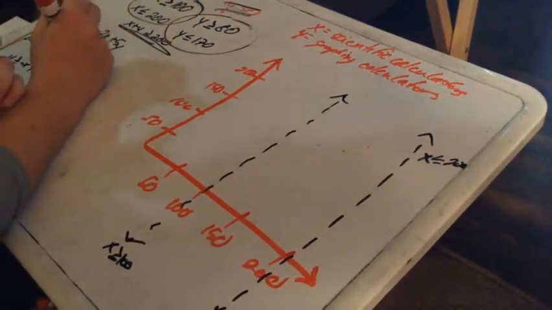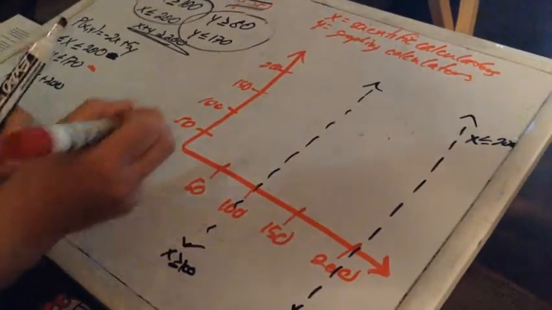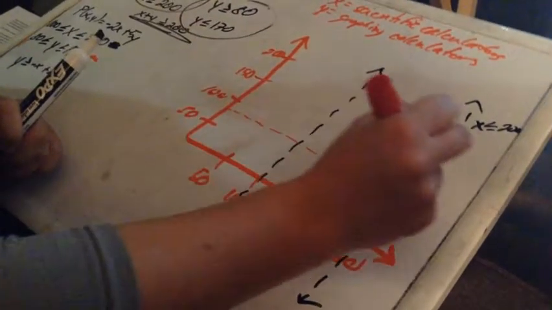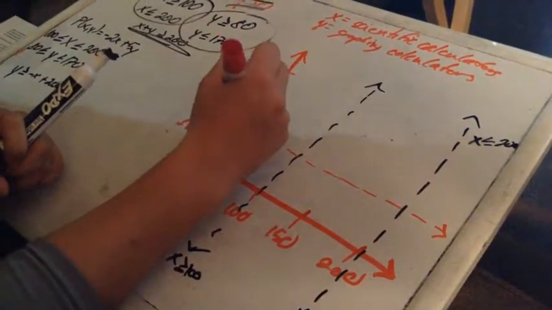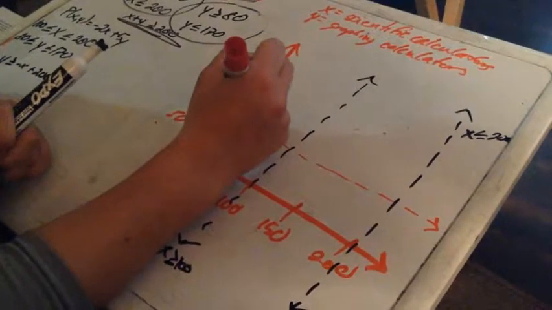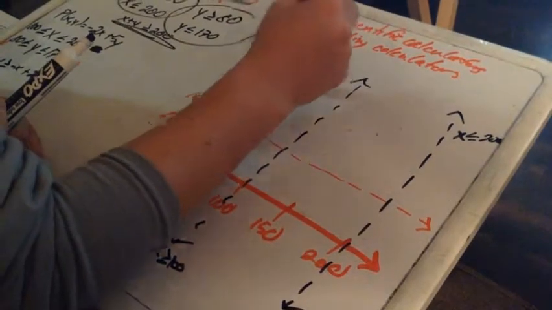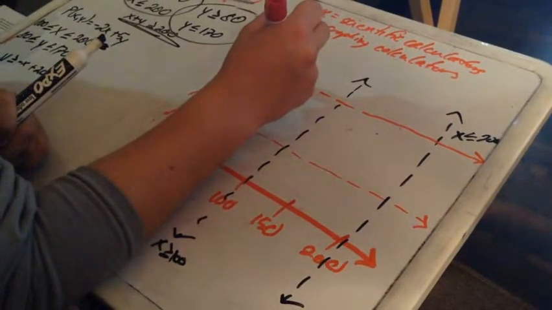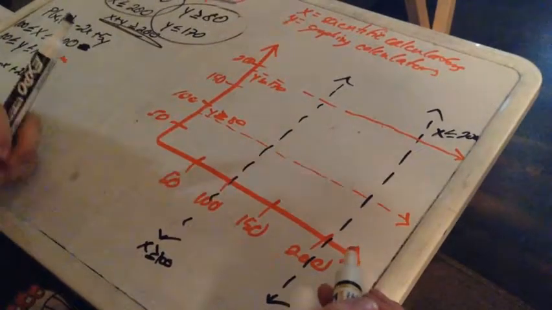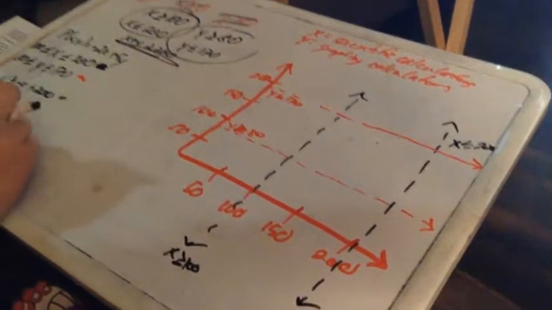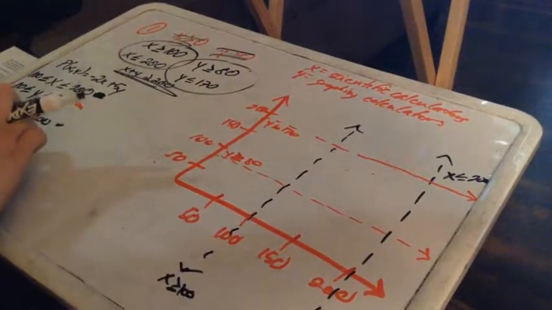Now I'm going to graph my y values, which is y is greater than 80 and y is less than 170. So now we got to graph our last equation of y is negative x plus 200.